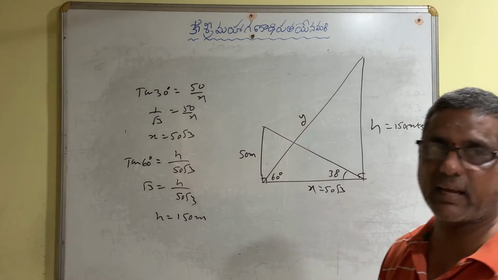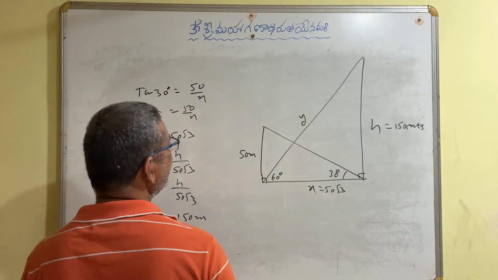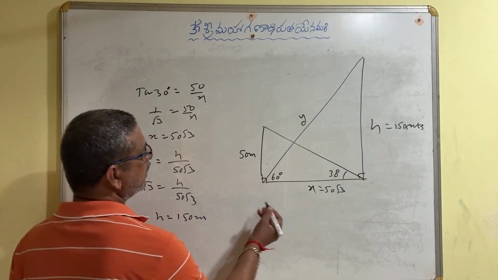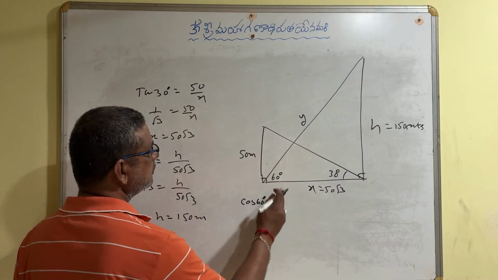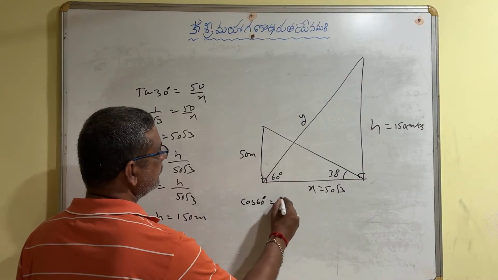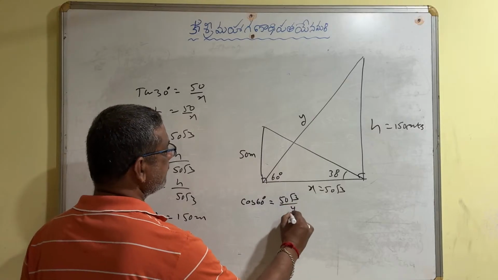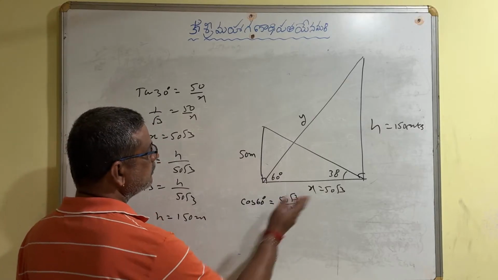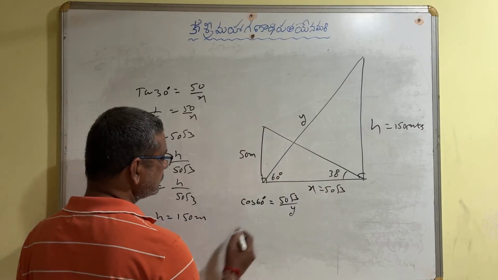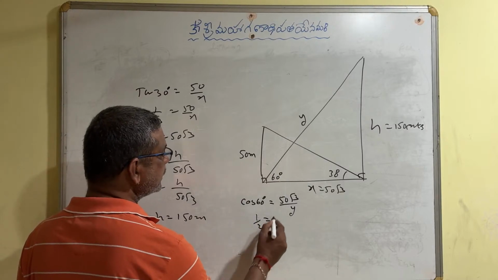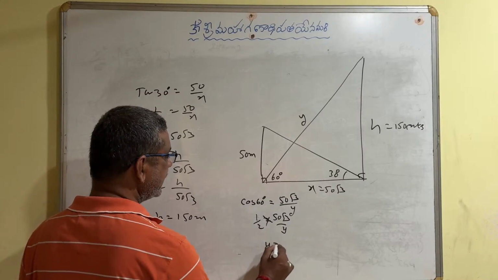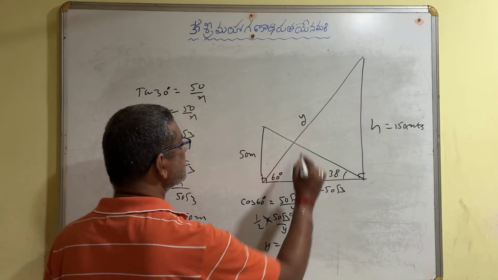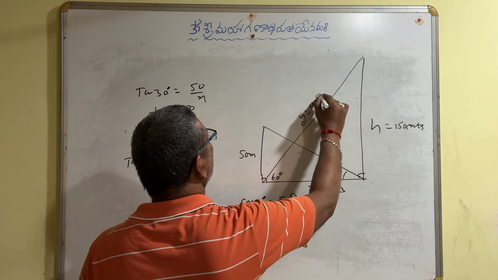You can apply the Pythagoras theorem or simply use cos 60: adjacent by hypotenuse. So 1 by 2 is equal to 50 root 3 by y. Y is equal to 100 root 3 meters.